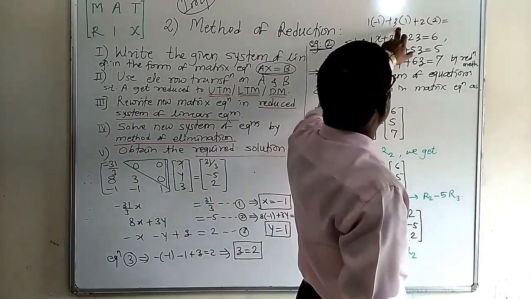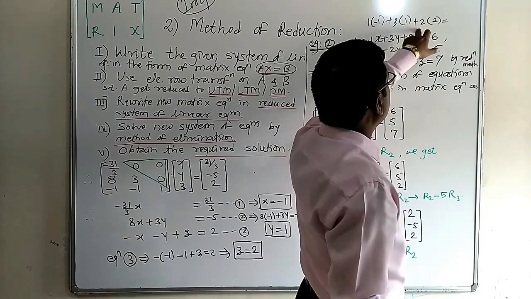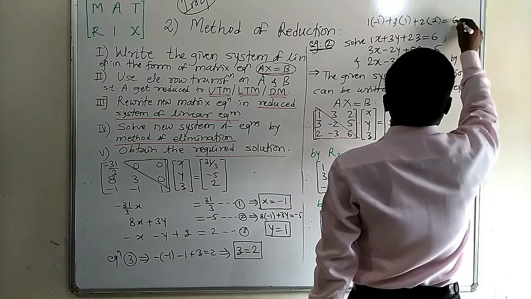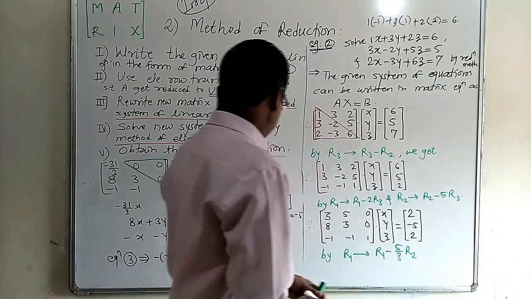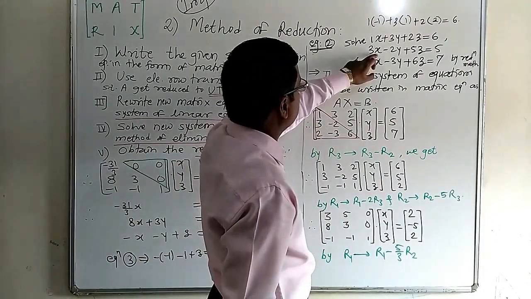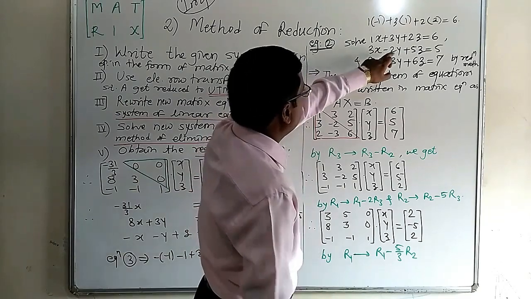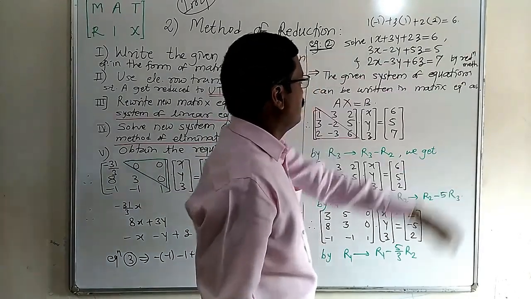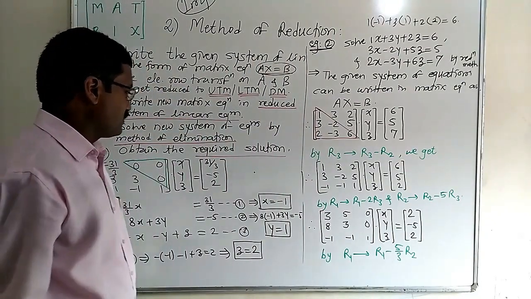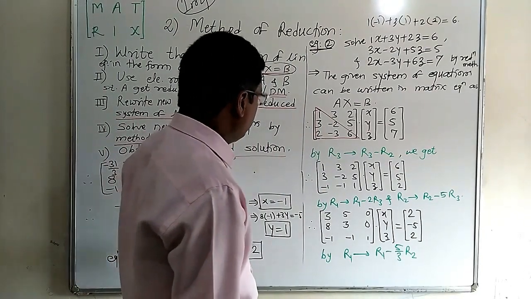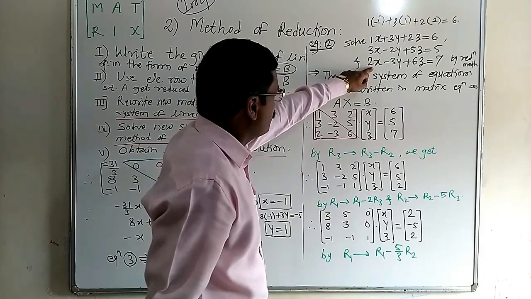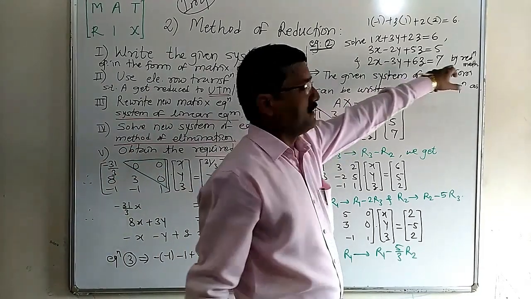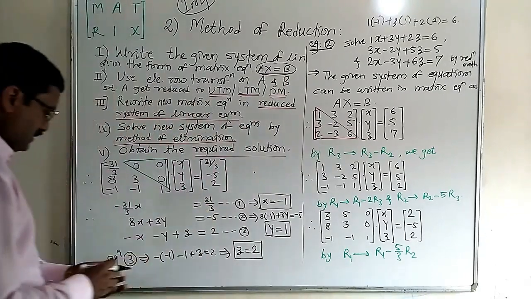This is minus 1, this is 3, 3 minus 1 is 2, 2 plus 4 is equal to 6. Similarly, check the second: this is minus 6, so minus 3, minus 2, minus 5, minus 5 plus 10 is equal to 5. Obviously the last will also be satisfied: x equal to minus 1, so minus 2, minus 3, minus 5, minus 5 plus 12 is 7. So our answer is correct.